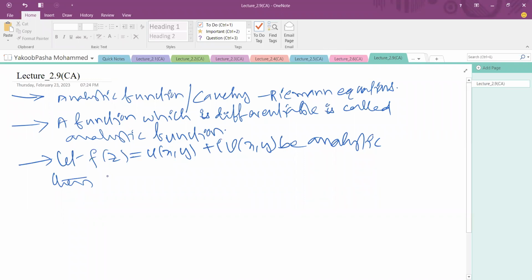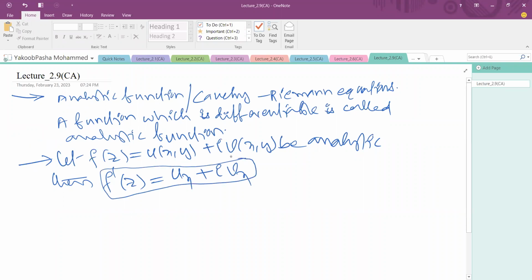And then the formula for the derivative, f dash of z, is equal to u_x plus i into v_x. Just differentiate u with respect to x partially and v with respect to x partially and add them with a complex order. So f dash of z equals u_x plus i v_x. This is the formula to find f dash of z.